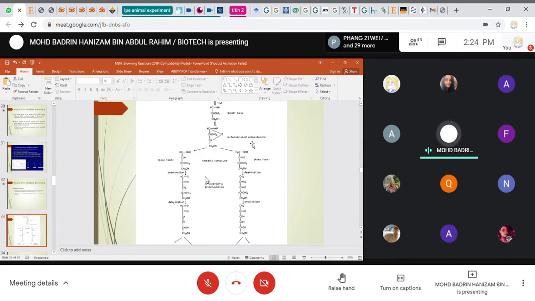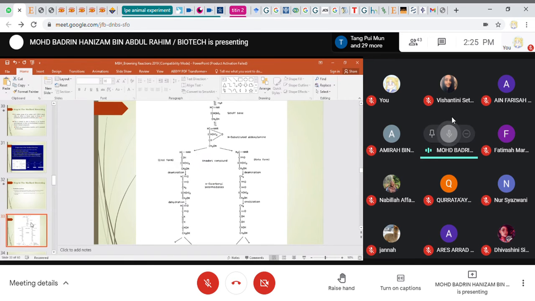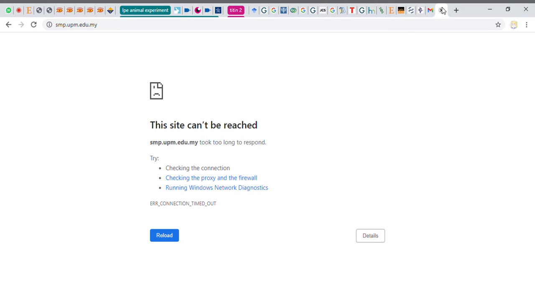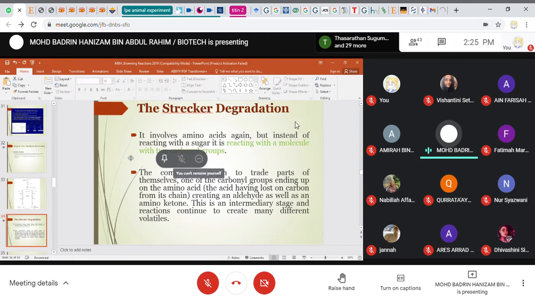After that, you can have the keto form, the enol form, and then cyclization, deamination, dehydration, lots of complicated chemical reactions. And when osulose is produced, it will enter the Strecker degradation.